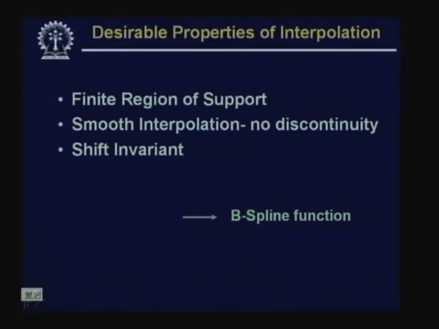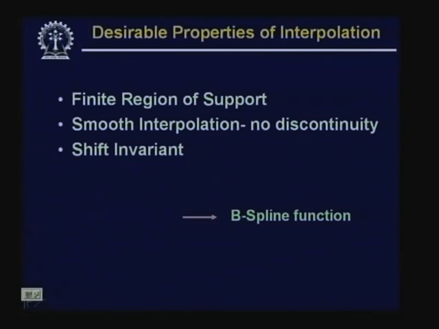The second desirable property is that the interpolation should be very smooth, that is, it should not introduce any discontinuity in the signal. And the third is that the interpolation should be shift invariant. So, if the signal is shifted or translated, the same interpolation function should apply. The B-spline function is one such function which satisfies all these three desired properties.